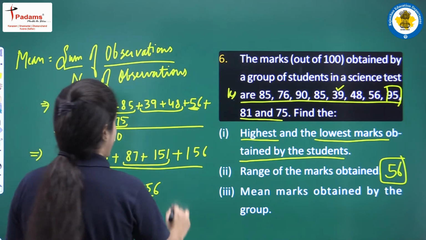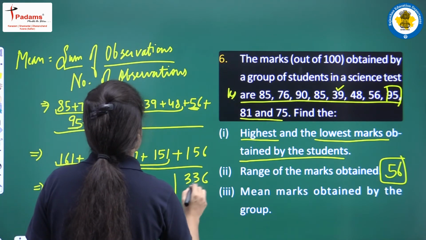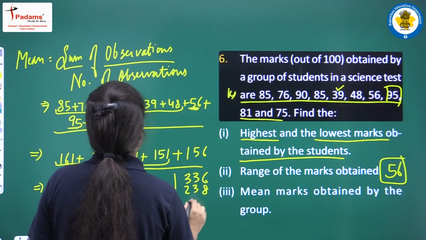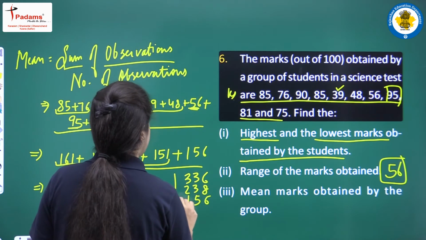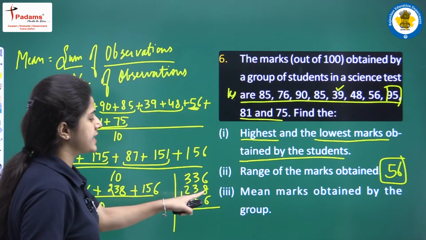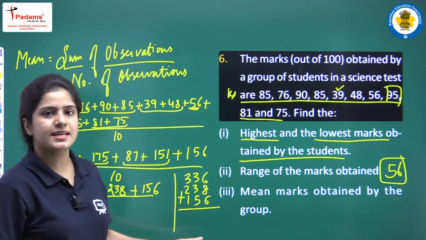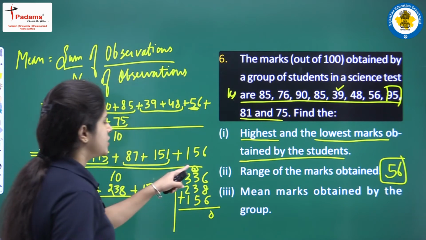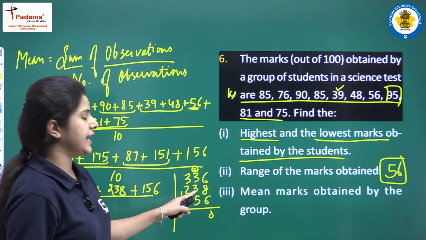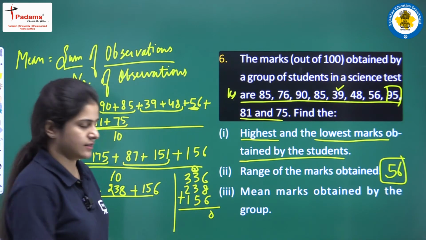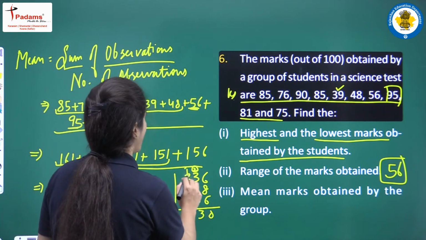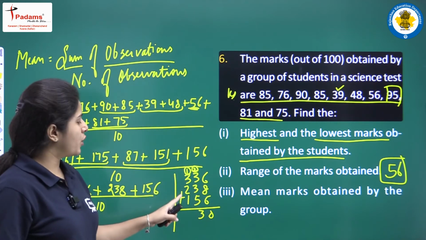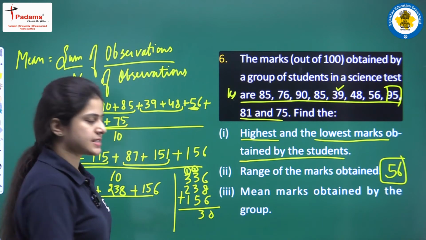Now students, add 336, 238 and 156. Adding all these things, 6 plus 8 is equal to 14. 14 plus 6 is equal to 20. 2 is in the carry. 2 plus 3, 5. 5 plus 3, 8. 8 plus 5, 13. 3 in the carry. Now 3 plus 1, 4. 4 plus 2, 6. 6 plus 1 is equal to 7.